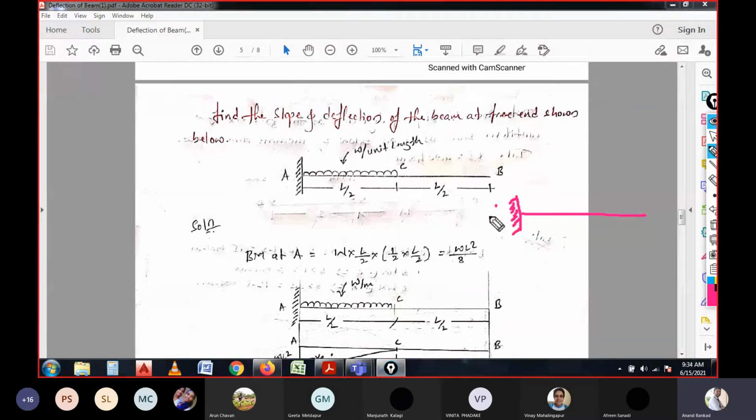It is a beam carrying uniformly distributed load on this span, not on this one. However, the remaining will be the same, L by 2, and this is L by 2. The load is W per unit length.